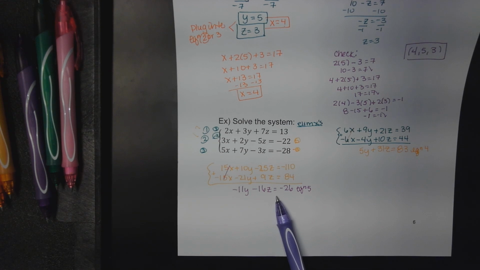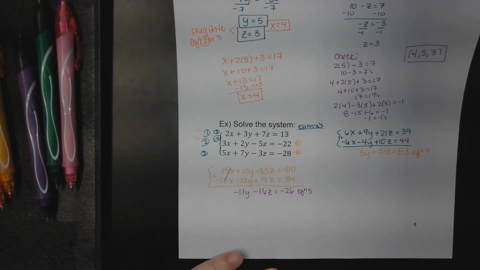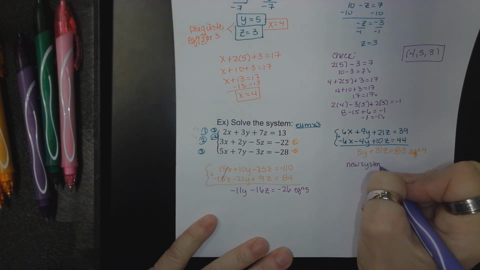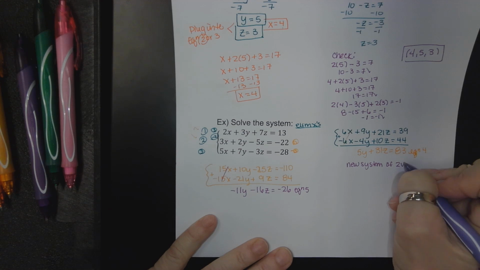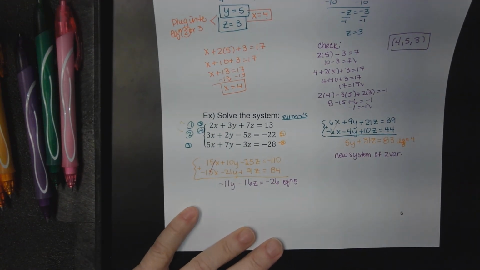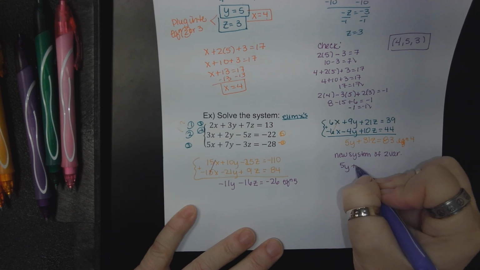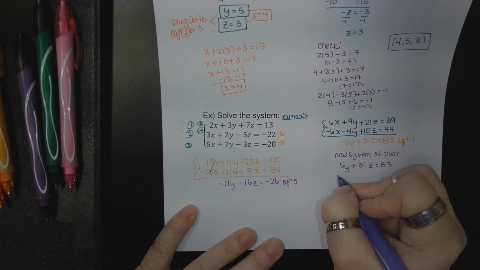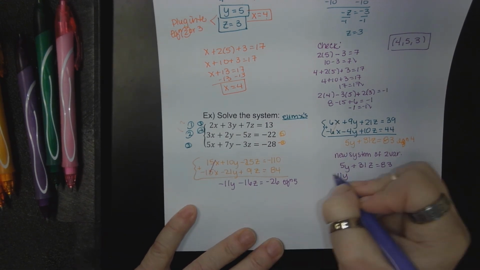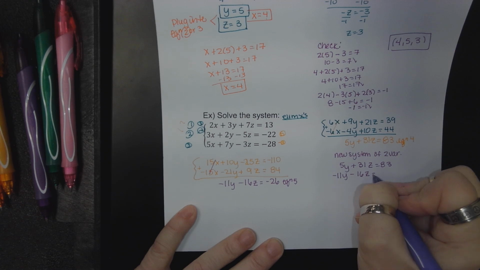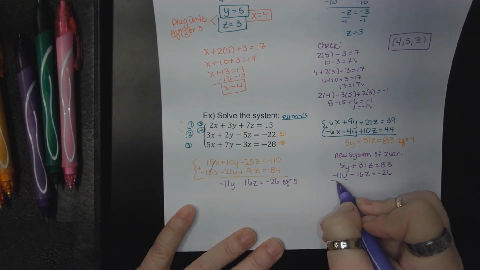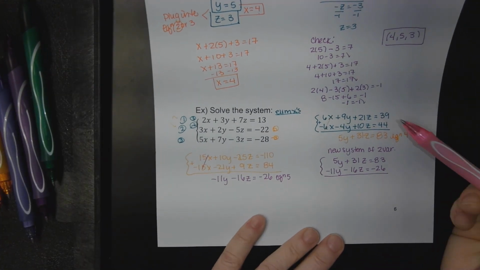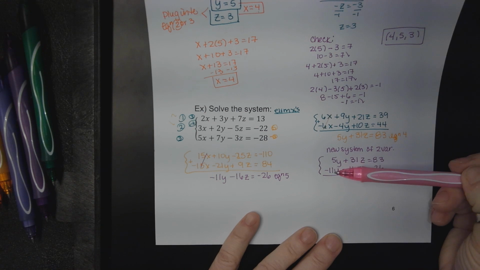So here are my two equations in two variables. So we want to set those up as a new system. It's my new system of two variables. So I have 5y plus 31z equals 83. And then this one is a negative 11y minus 16z equals negative 26. And this is my new system. So I'm gonna, these would be the smaller numbers to eliminate.